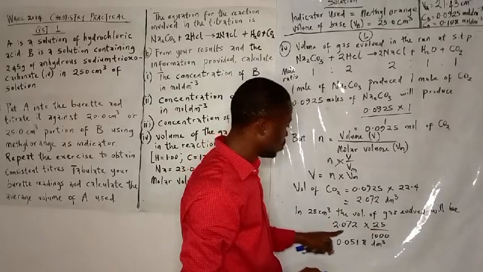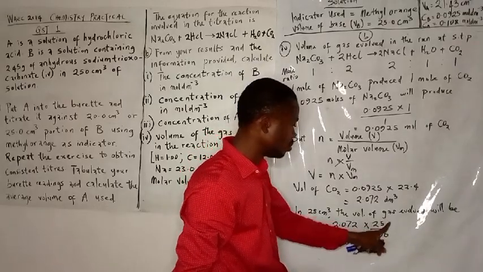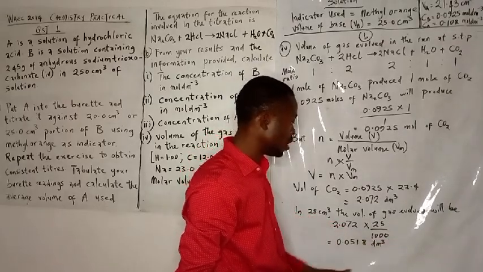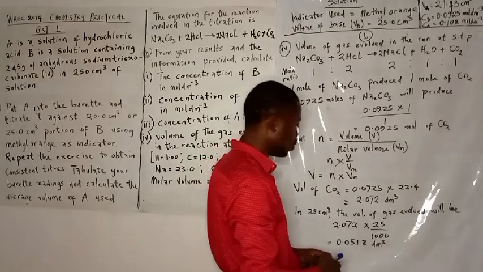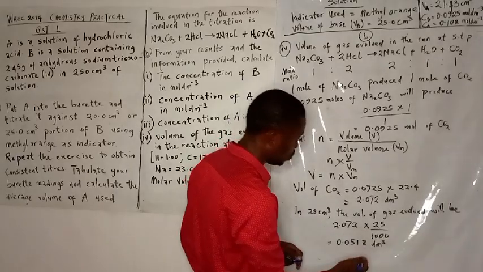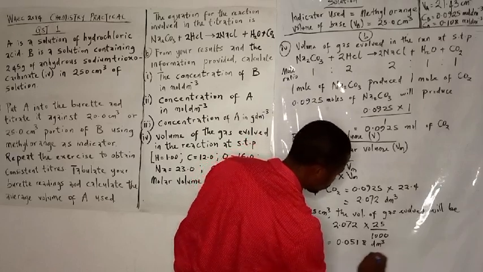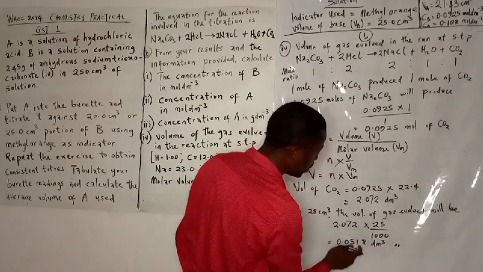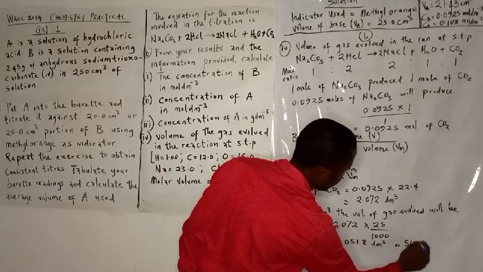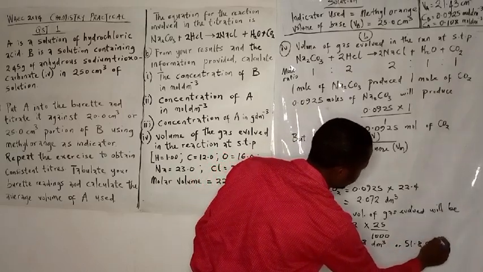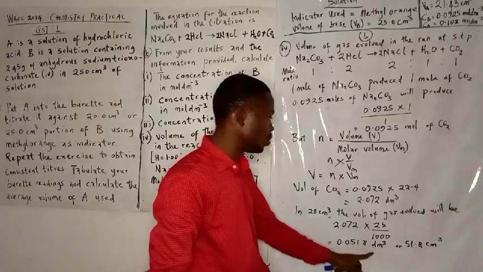Remember that this unit is in dm cube. If you don't want to do it like this, you can also convert it to cm cube. If you multiply this by 1000, you have 51.8 cm cube, because 1 dm cube is equal to 1000 cm cube.